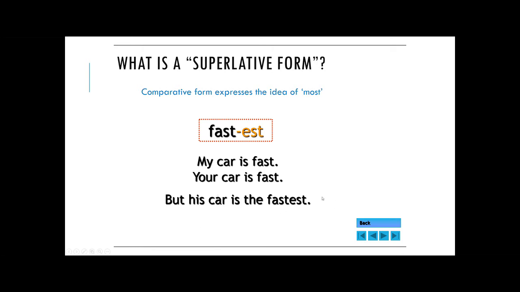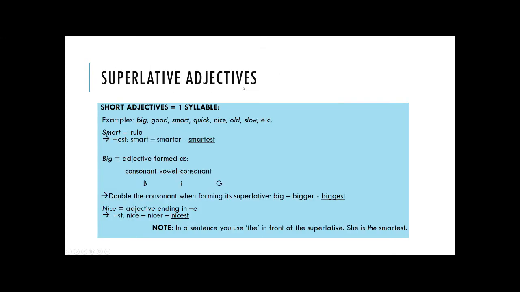If you want to put here, is the fastest of all, is the fastest of the earth, is the fastest of the city, right? Okay. Remember, you have to add -est to make superlative forms.